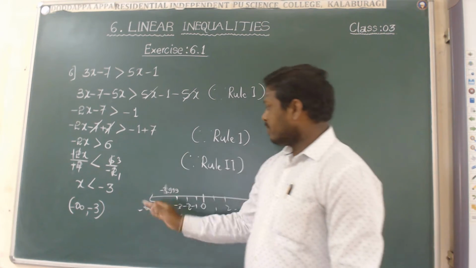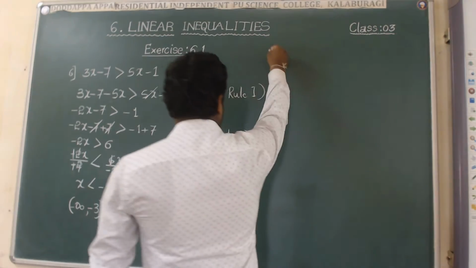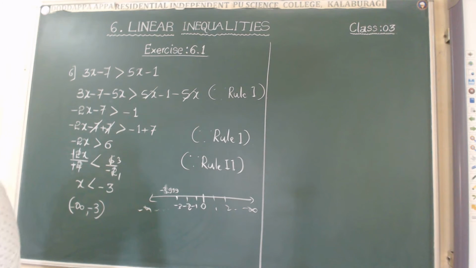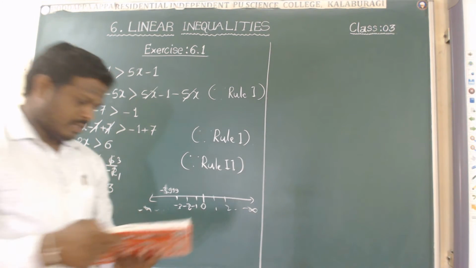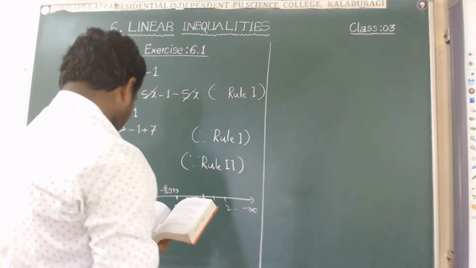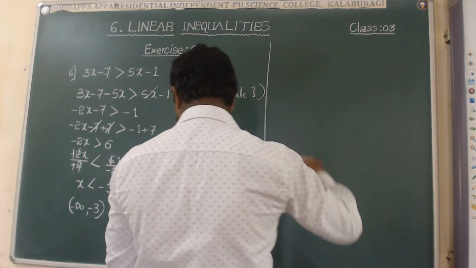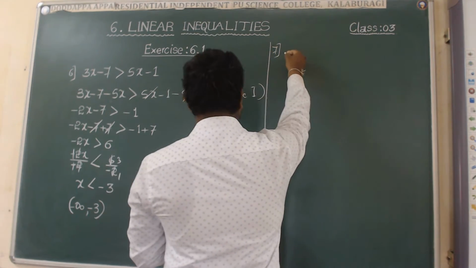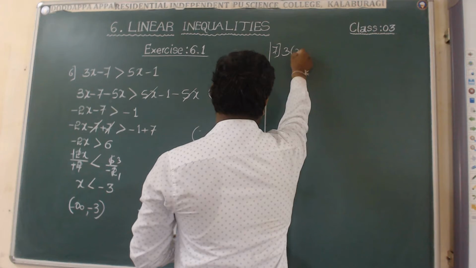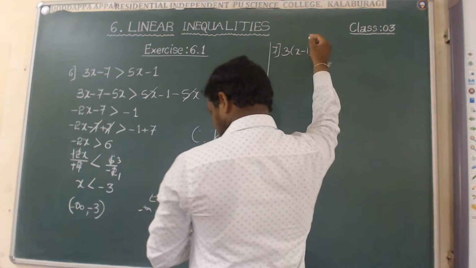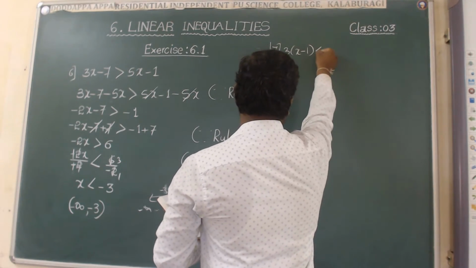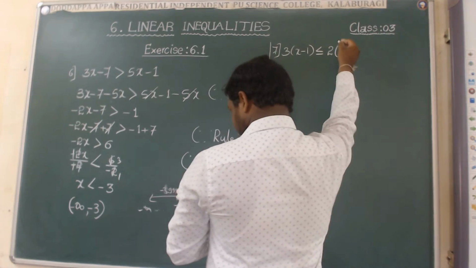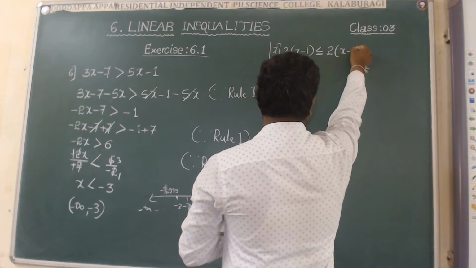Okay? I hope that all of you are getting this one. Now I'm moving to the next question, the 7th one. That is 3 of (x minus 1) is less than or equal to 2 of (x minus 3).